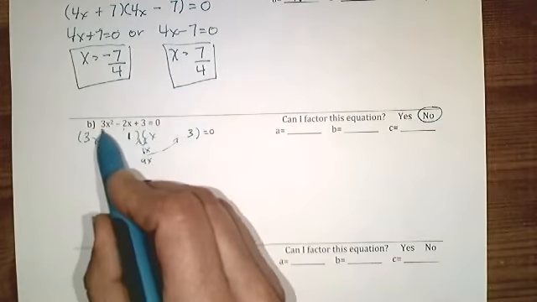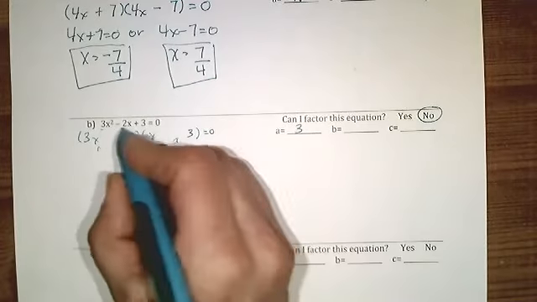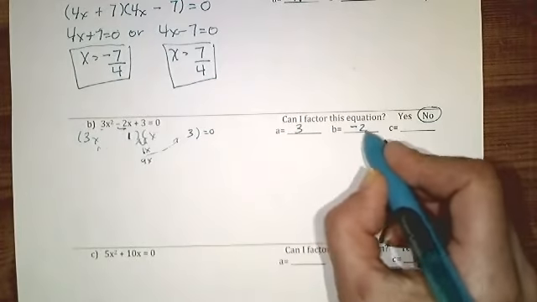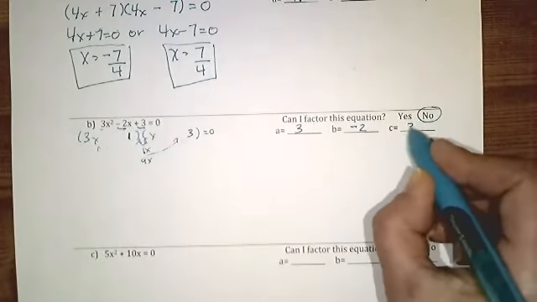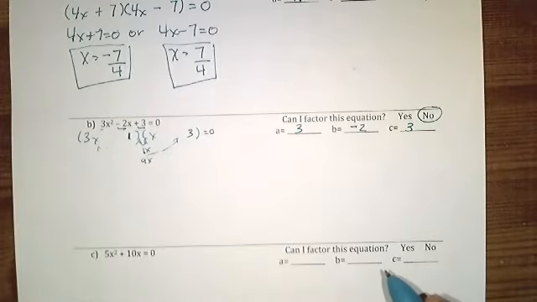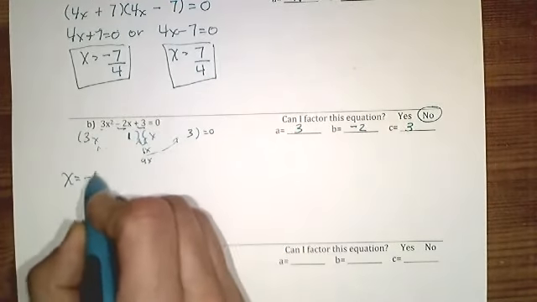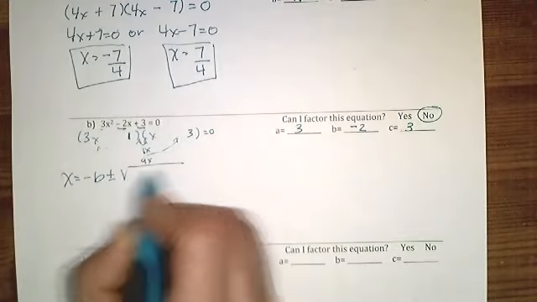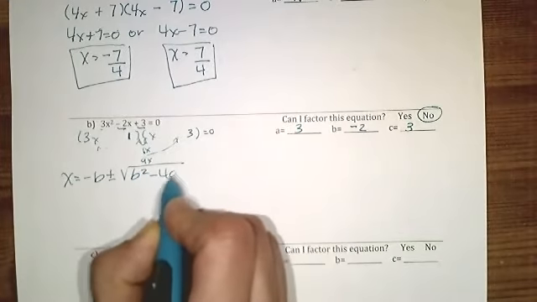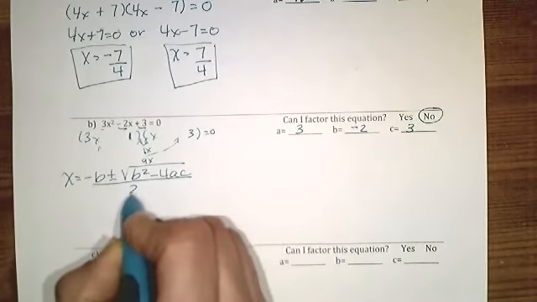What is my a? My a is 3, my b is -2, and my c is 3. So I'll plug these values into the quadratic formula. So x is equal to -b plus or minus the square root of b squared minus 4ac divided by 2a.